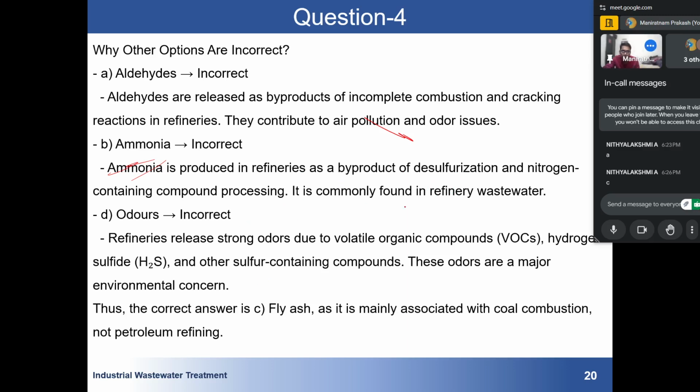It is commonly found in refinery water. Then odors: the refinery releases strong odor due to volatile organic compounds, hydrogen sulfide, and other sulfide compounds. These odors are a major environmental concern. Thus the correct answer is C.